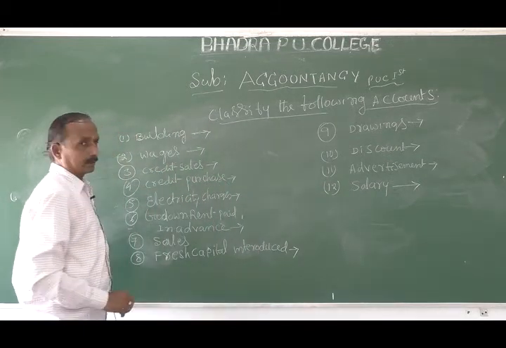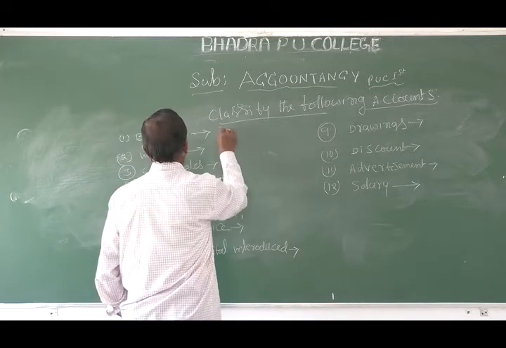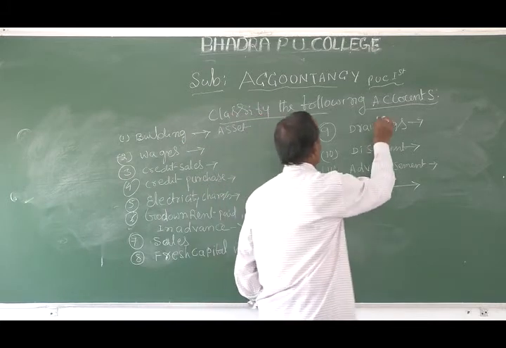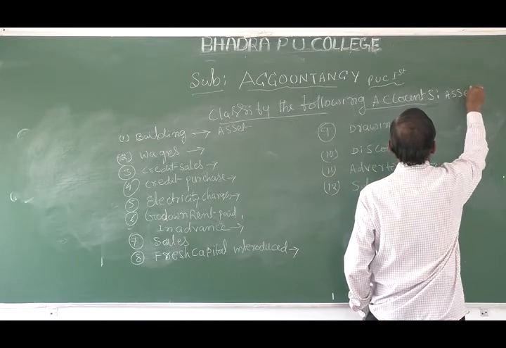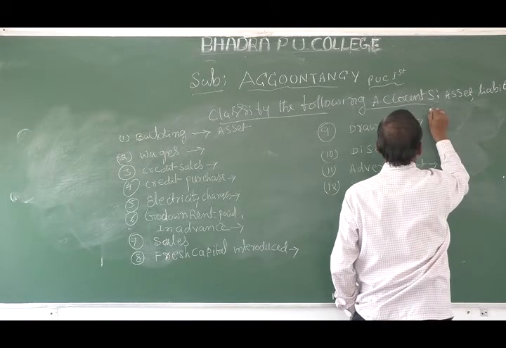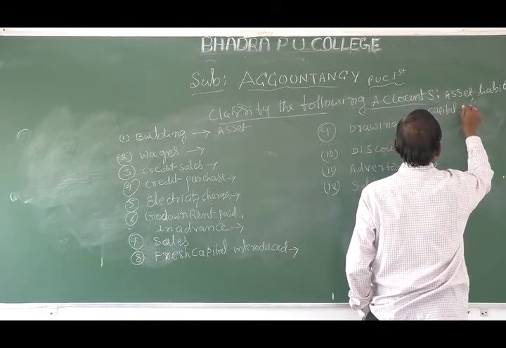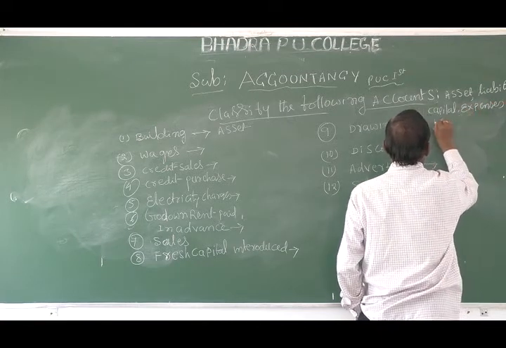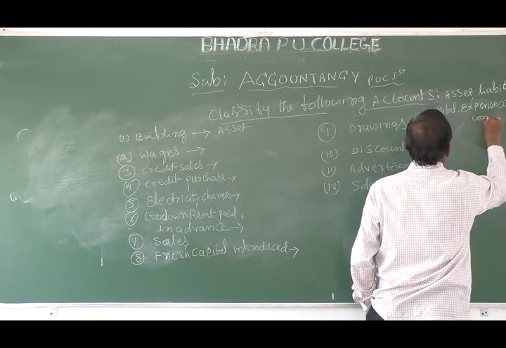Building, according to the English American system, is an asset. Classify the following accounts as asset, liability, capital, expenses, income and gains.